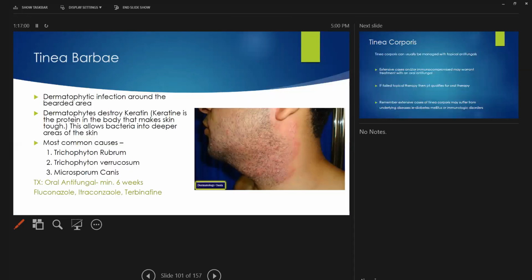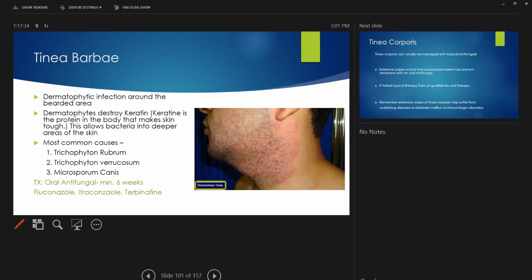So here's tinea barbae. So this is just a tinea infection from, this is where this guy's shaving a lot. The dermatophytes are destroying the keratin, and the protein, that protein keratinous substance is gone, and that makes the skin tough and irritated and allows bacteria to get into some of the other areas.